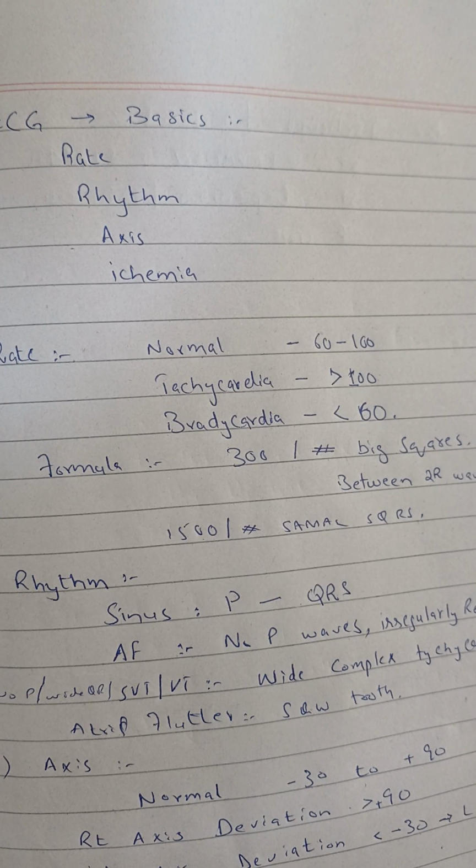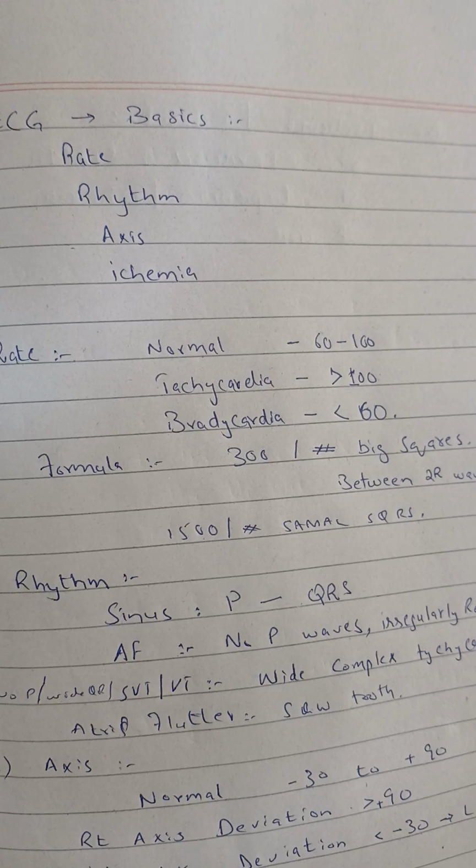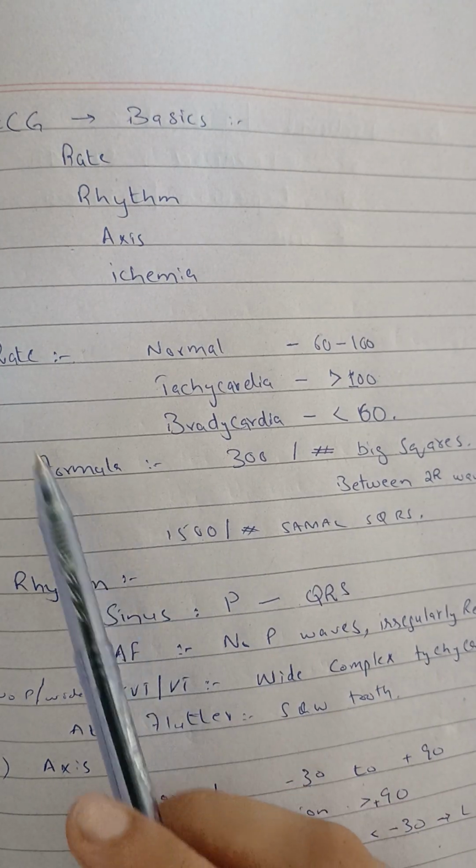Tachycardia can occur in pulmonary embolism or fever. Bradycardia is when the heart rate is less than 60. It can occur in hypoxia, late injury, or when there is heart block. Formula: how can we calculate the rate?